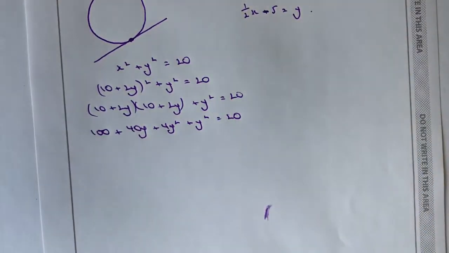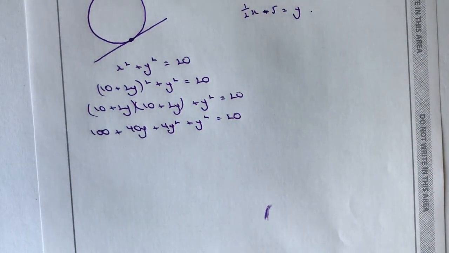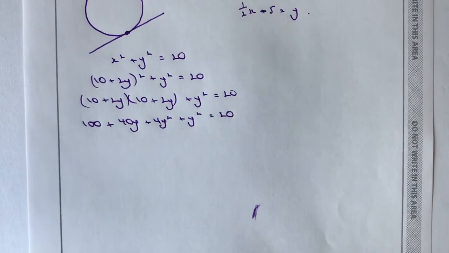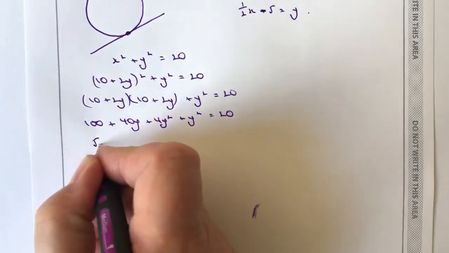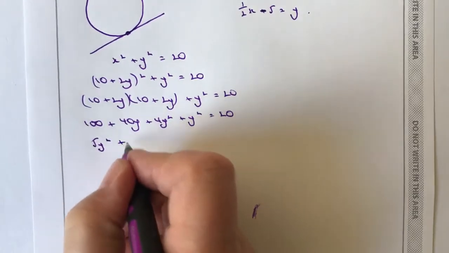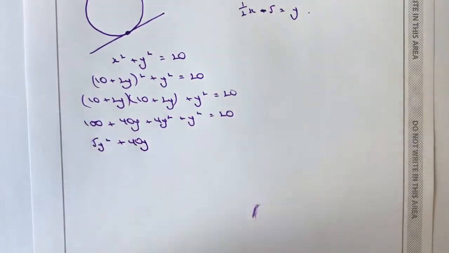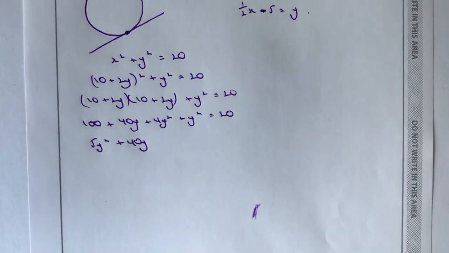Now actually it's giving me some level of comfort at this point, because I've got a whole bunch of numbers there that are all going to be divisible by 5, I think. So let's gather up the terms together, and then also we need to make it equal to 0. I've got 4y squared plus y squared, which gives me 5y squared plus 40y. That's fine, both of those are divisible through, that's perfect.